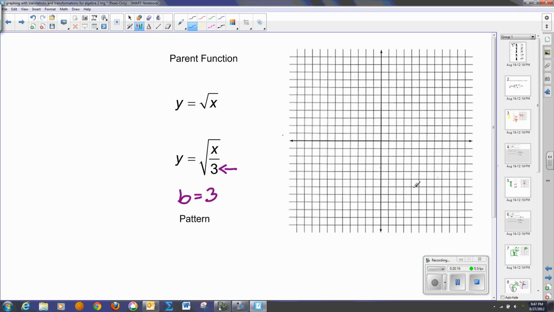And if I was to graph this function, you would notice the following. Again, I could plug this into my calculator. You'd notice that I would get the following graph.